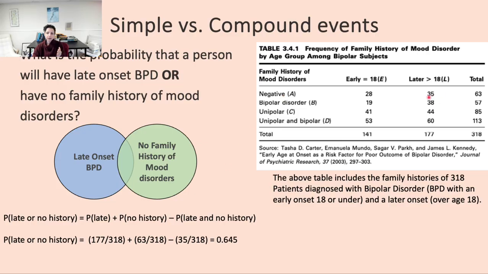That's 35 people. So we have to subtract out 35 divided by 318. So if we do that math, that gives us 0.645. That is the likelihood of having somebody with late onset or no family history of mood disorders. Okay.